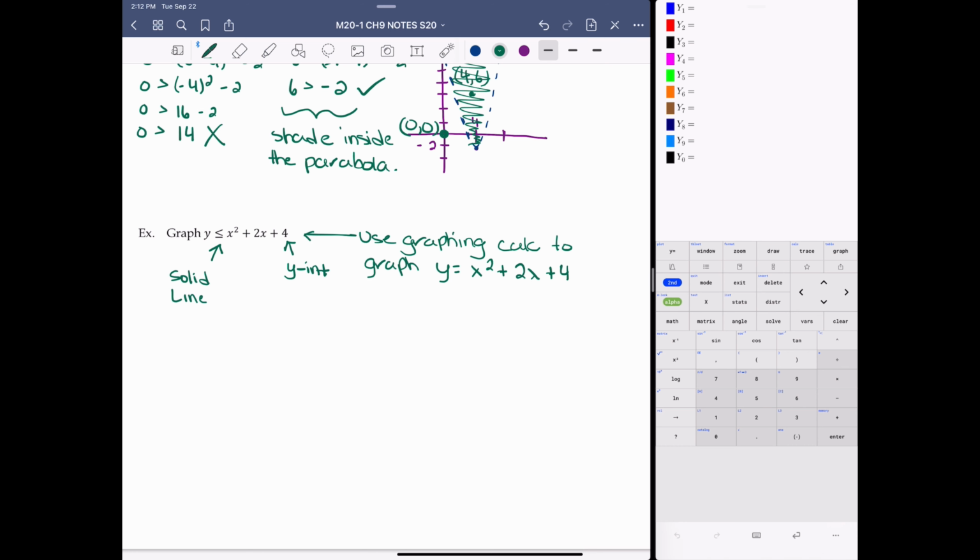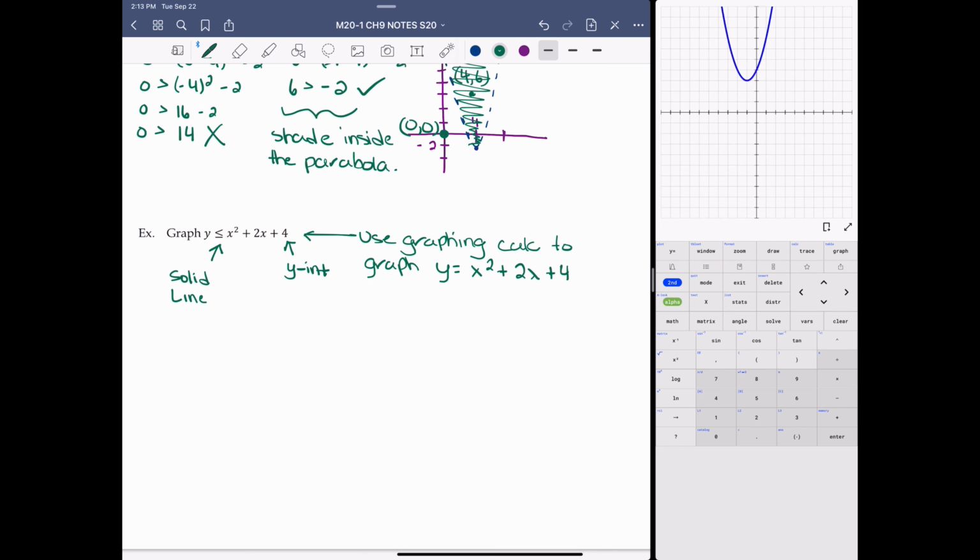It's already in standard form with the y on the left-hand side, so that's good. We want to enter x squared plus 2x plus 4, and then graph it. My window is odd from previous, so I'm going to go zoom standard, back to plus 10, minus 10 for x and y. So I get this image here. I'm going to draw a quick sketch of my graph.